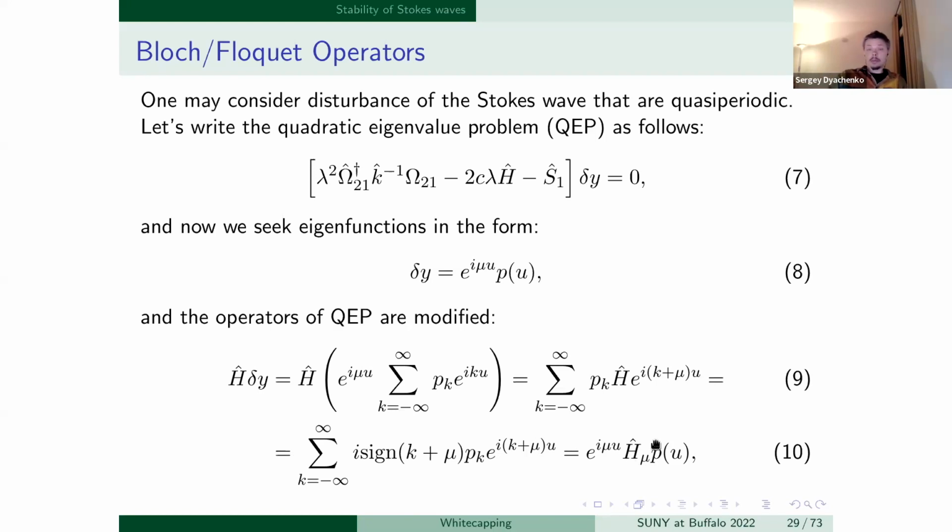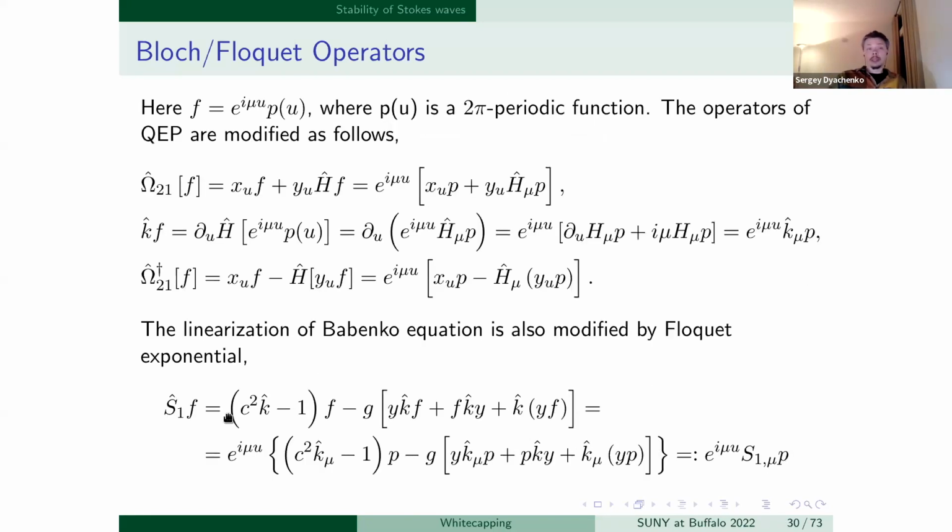And a similar game you can play with all the other operators of the quadratic eigenvalue problem. You can do this for omega to 1, with k-hat, with omega to 1 dagger, and also for the linearized Babenko equation. You can also factor out this e to the power i mu times u times some operator modified with this mu.